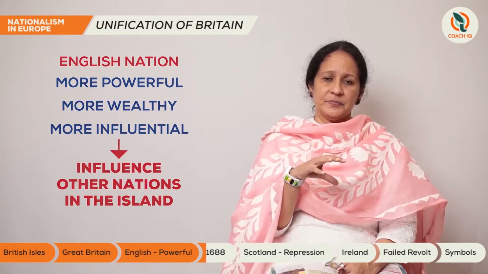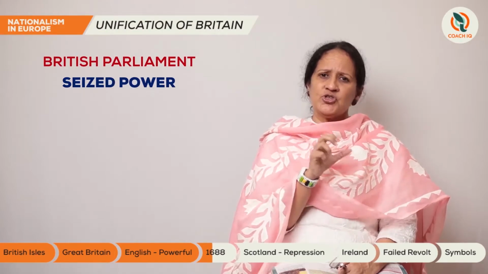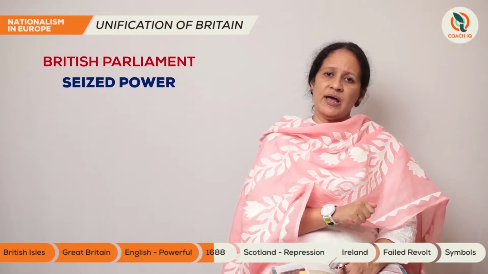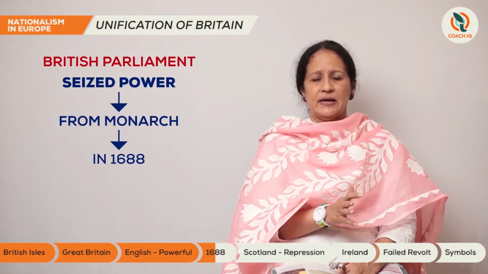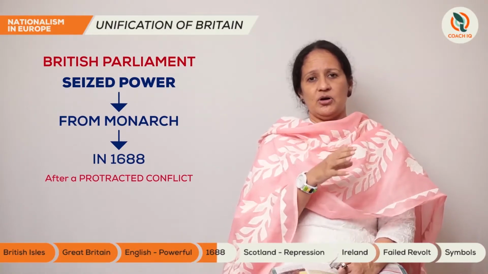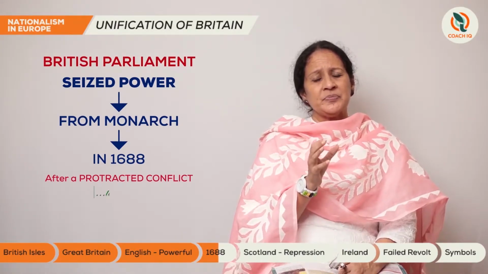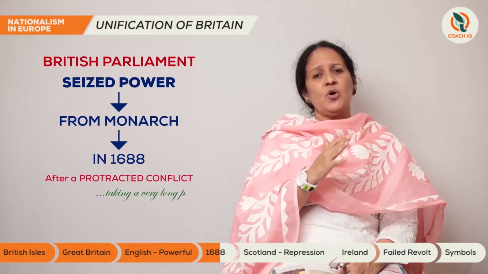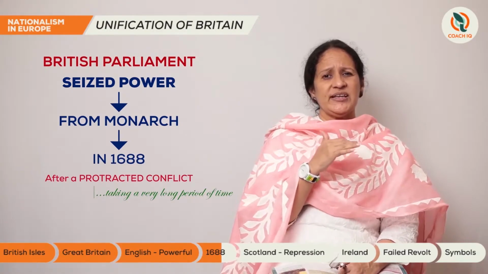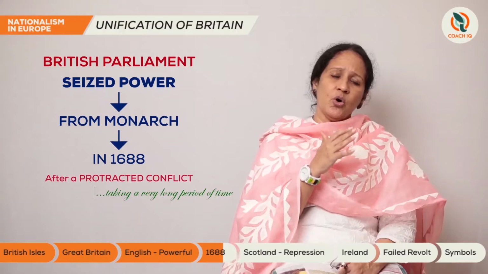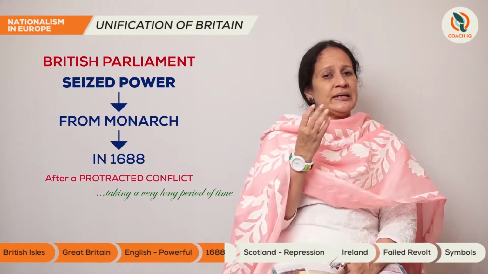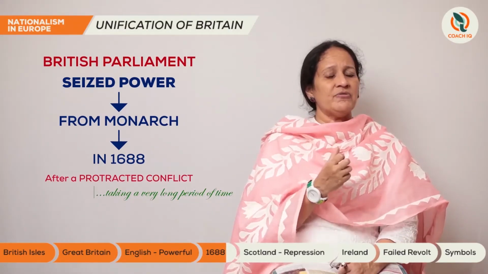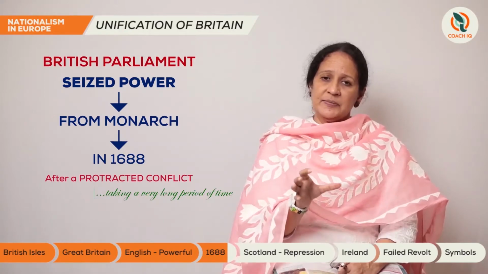Secondly, what happened was that the Parliament, the British Parliament, had seized power, forcibly taken the power from the monarch in 1688. After a protracted conflict. Protracted means taking a very long period of time, and it was not expected, but it was after a long conflict that the parliament had taken power from the monarchy.